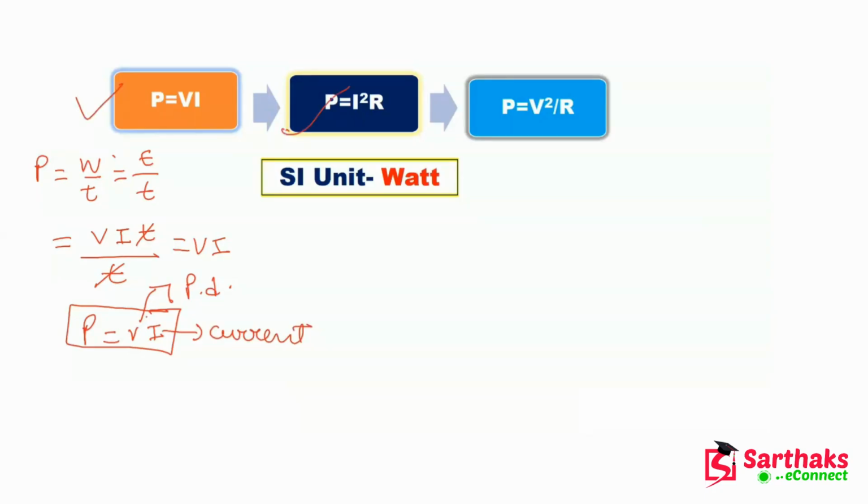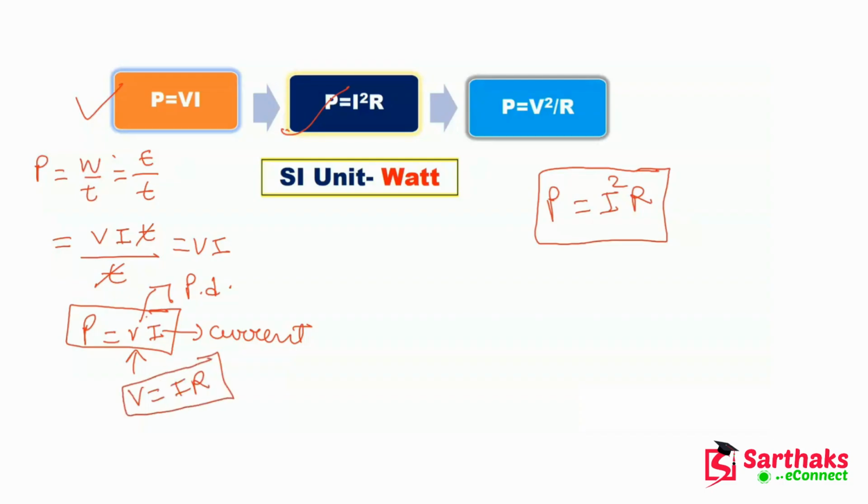Now this is another formula of power: P is equal to I square R. How did I calculate this? This is also very simple. Just replace this value of V, and we know V is equal to IR by Ohm's law. If I put this value in this formula, it will give me this formula.